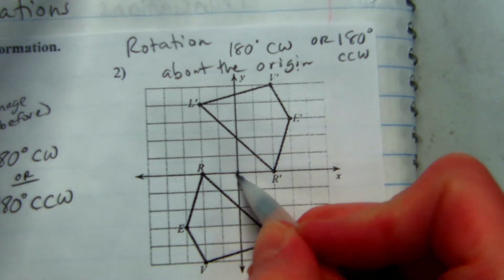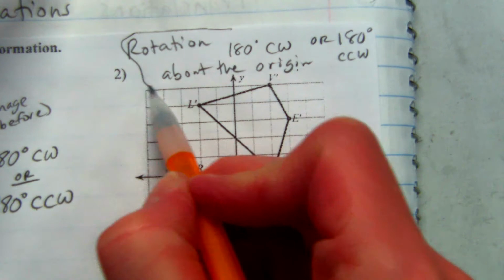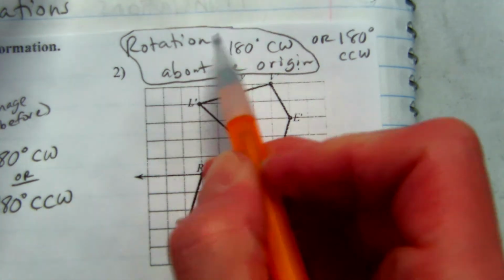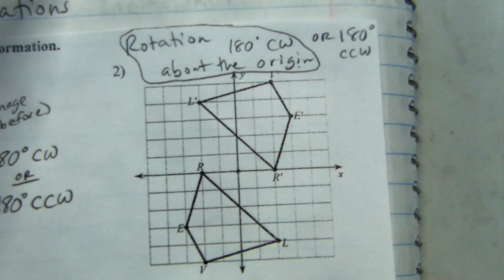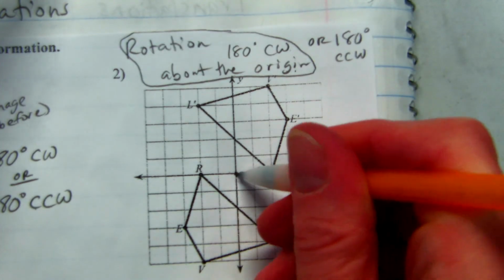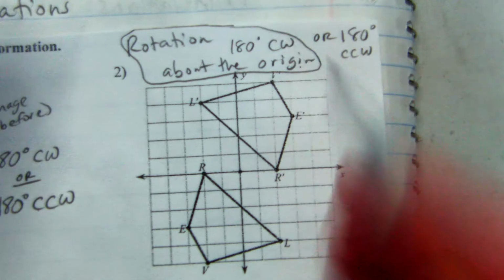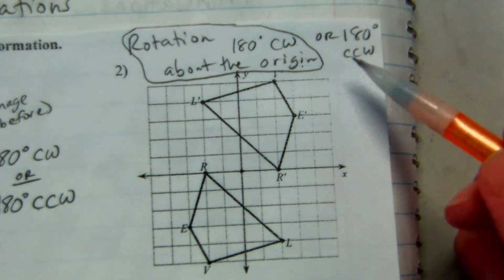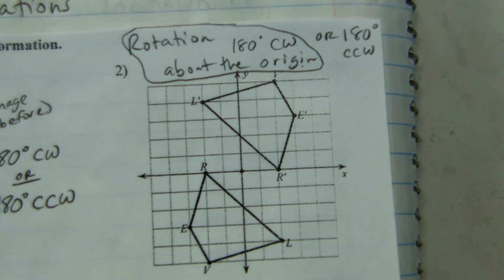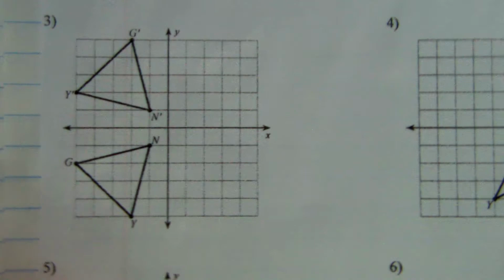So this is a possible complete answer right here. I could say it's a rotation 180 degrees clockwise about the origin, and that tells me that we were turning it around the origin, that I went clockwise. It has all of the information we need. And for this, it could be clockwise or counterclockwise. It's 180, so it ends up in the same place. Okay, they're not all 180s though. So let's take a look at some of the others.